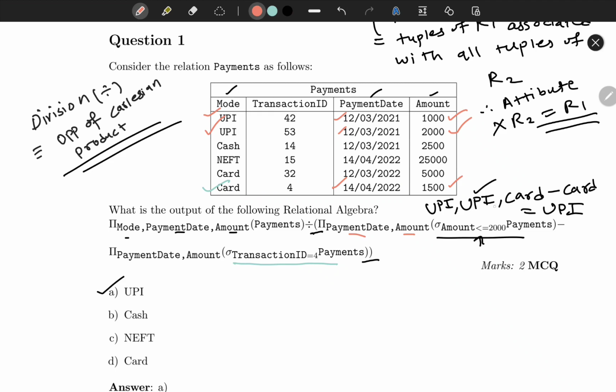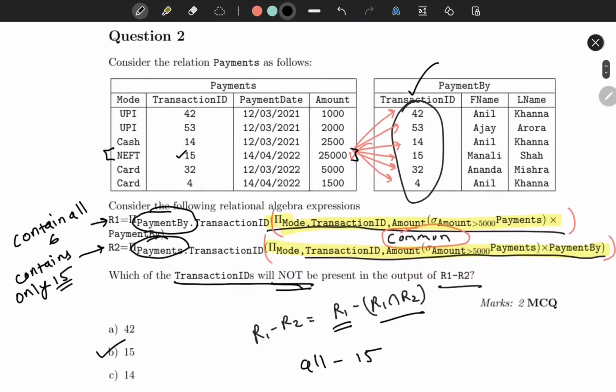Hence, when we subtract UPI, card minus card, we only get UPI, UPI. And when we divide this whole relation with R2, where there's only these two, UPI is returned.